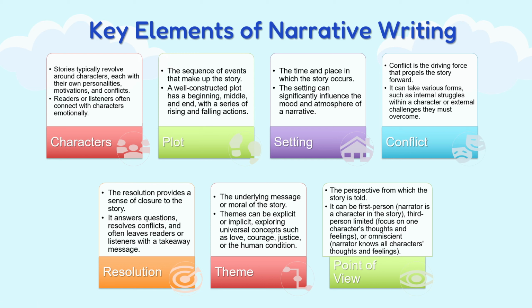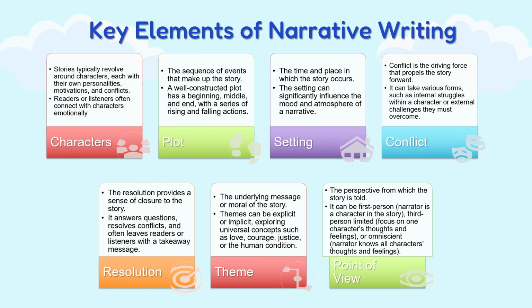Okay. And then the last one is the point of view, the perspective from which the story is told. It can be first person, where the narrator is a character in the story. He or she tells it from their point of view, because they are part of the story.